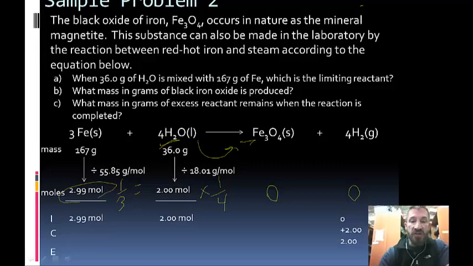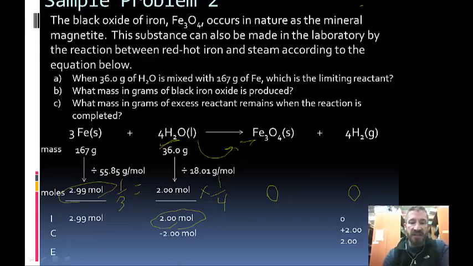So that should tell us that the water is the limiting reactant. And so this number right here, the 2 moles, is going to determine everything, basically. It determines how much of the water is used, which is all, since it's limiting. It determines how much of the iron oxide compound is produced, and how much hydrogen is produced as well.